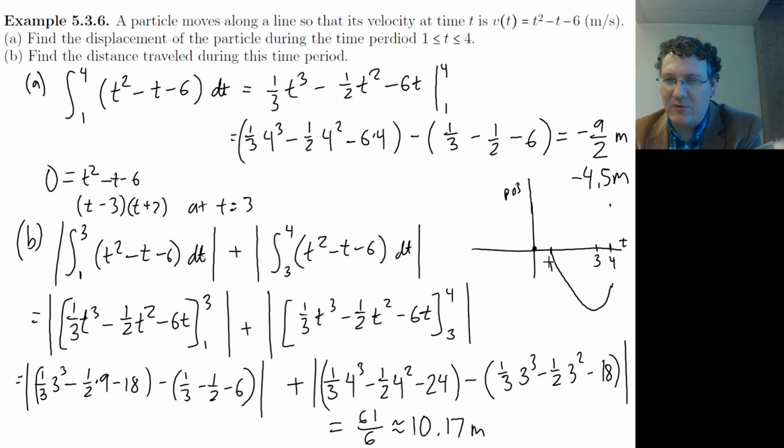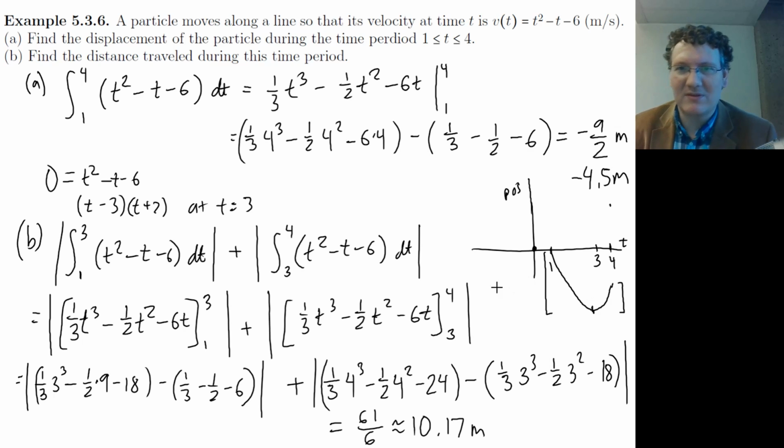This thing would have moved something like this. At this point, we would have gone some distance towards the negative, and then we turn around and come up a little bit. If you add up those two distances traveled, just the vertical distance, then you would get 10.17 roughly.